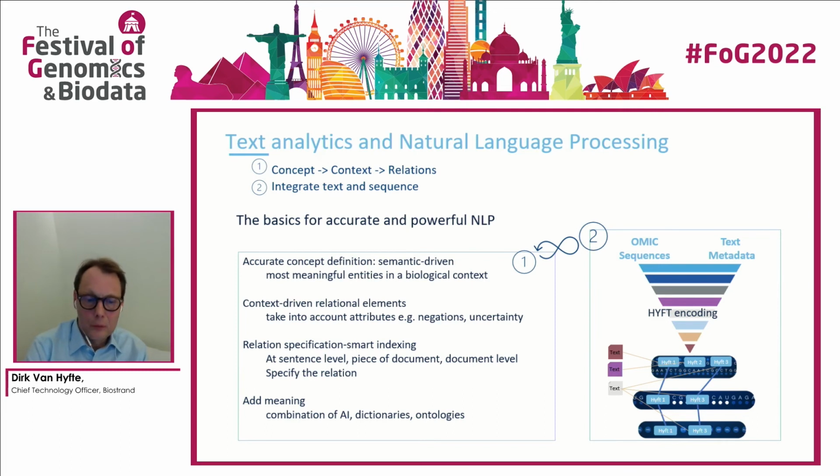Is it around a certain sentence? Is it in a certain part of your document, for instance, only the conclusion, or is it at the whole document level? And the way to add meaning to your NLP tool is, of course, also the combination not only with new upcoming AI tools, but also in combination with dictionaries and ontologies.